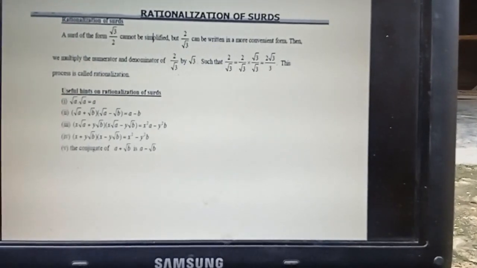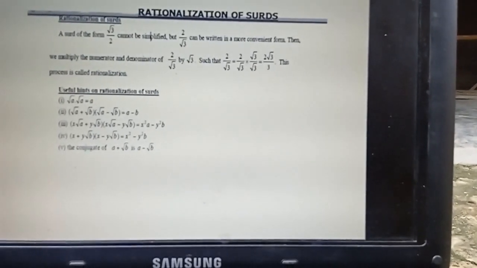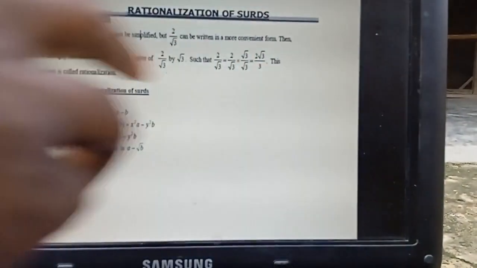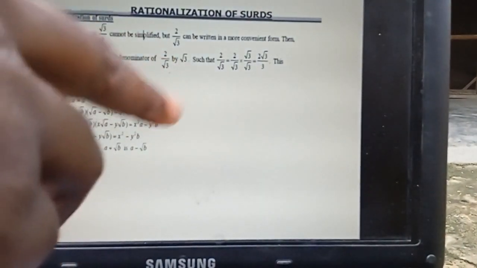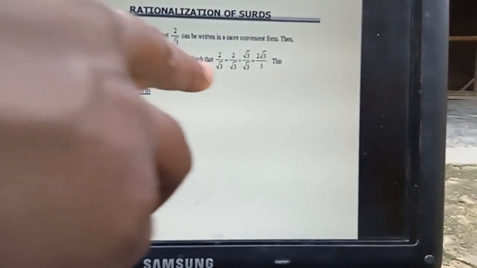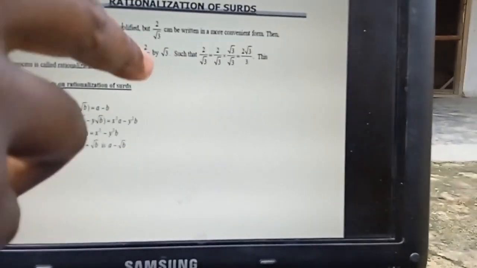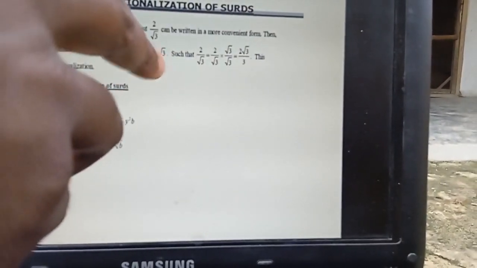Then you multiply the numerator and denominator by root of 3. As you have seen here, we multiply our numerator and our denominator. As you see here, 2 all over root of 3 by this.